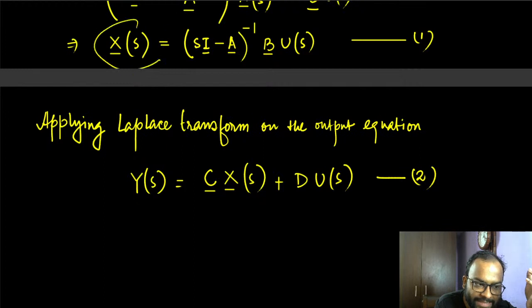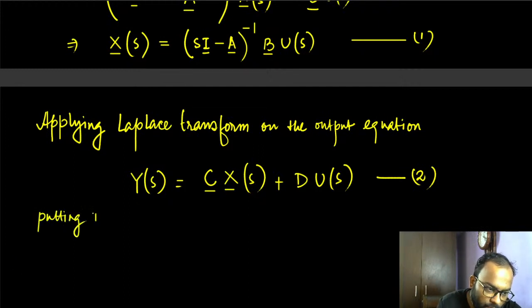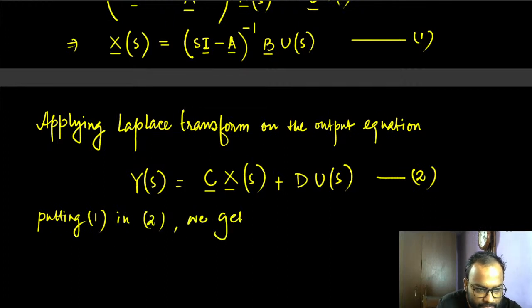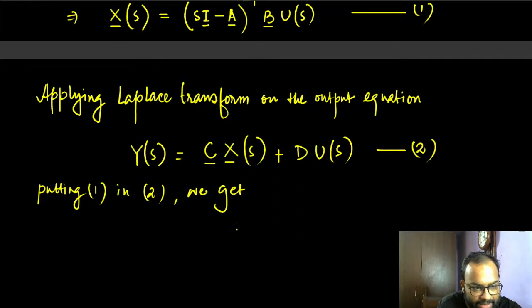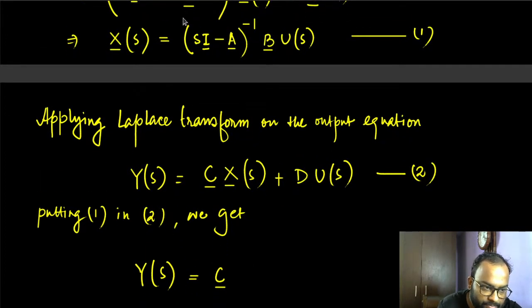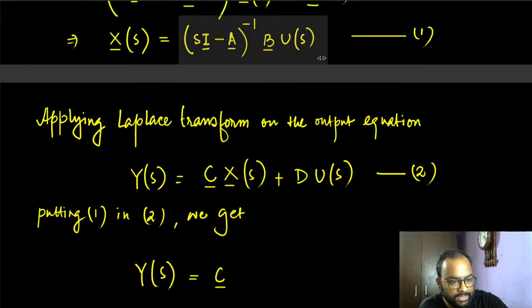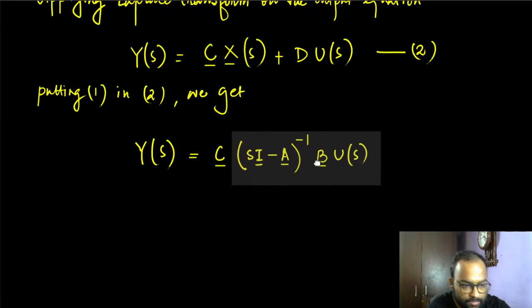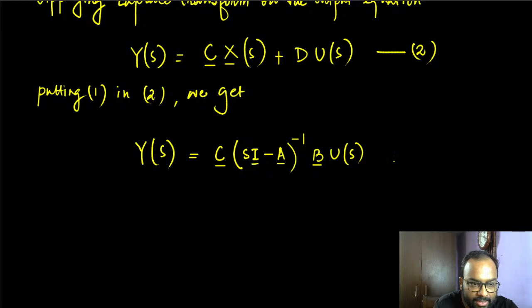So what if I bring this X(s) out of the first equation and put it in the second equation? That is exactly what I'm going to do. So putting 1 in 2, I have Y(s), which is the Laplace transform of the output, that becomes C, the output matrix, times X(s), but X(s) is known to be this, and this is plus D U(s).